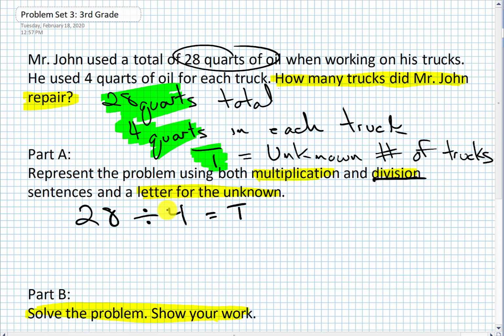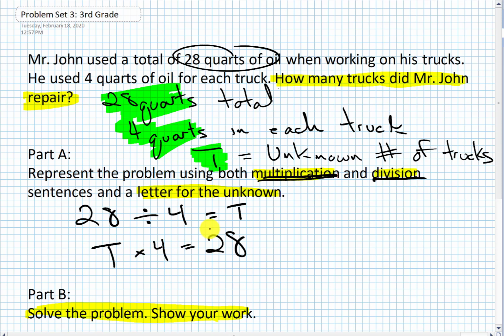So that is 4 quarts of oil times the total number of trucks. That should tell us the total number of quarts of oil we've used in all. So let's write that one out. So T, the number of trucks, times 4, which is the quarts used in each truck, will give us the total amount of oil used across all the trucks. So we've represented our problem using both division and multiplication.